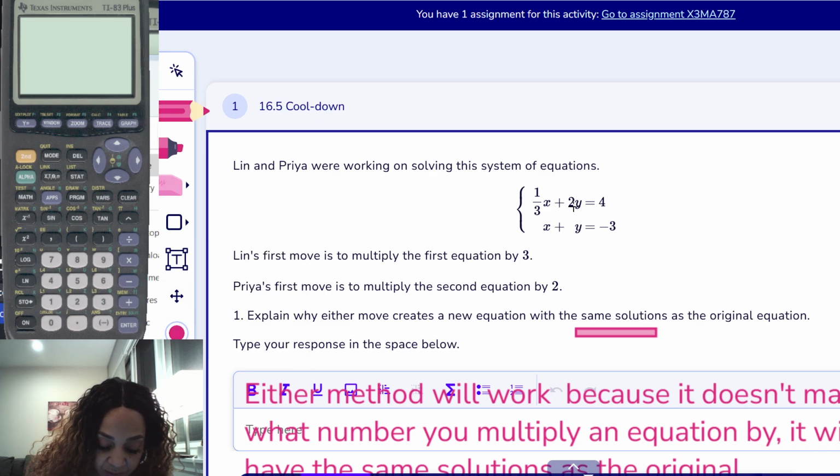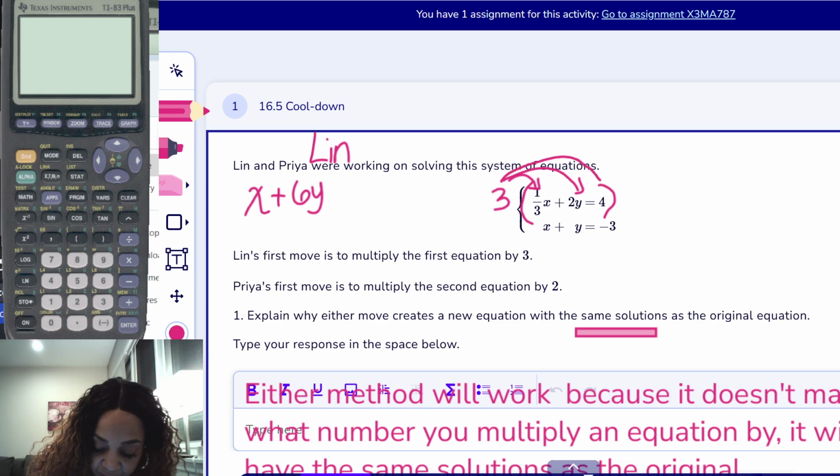Let's take a look. Her new equation would be the result of everything here being multiplied by 3. So 3 times 1/3 is just going to be x. And then 3 times plus 2y is going to be plus 6y.